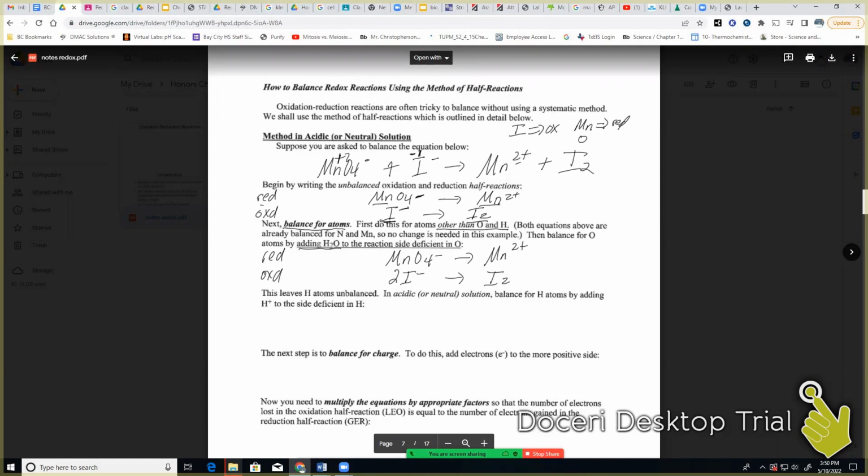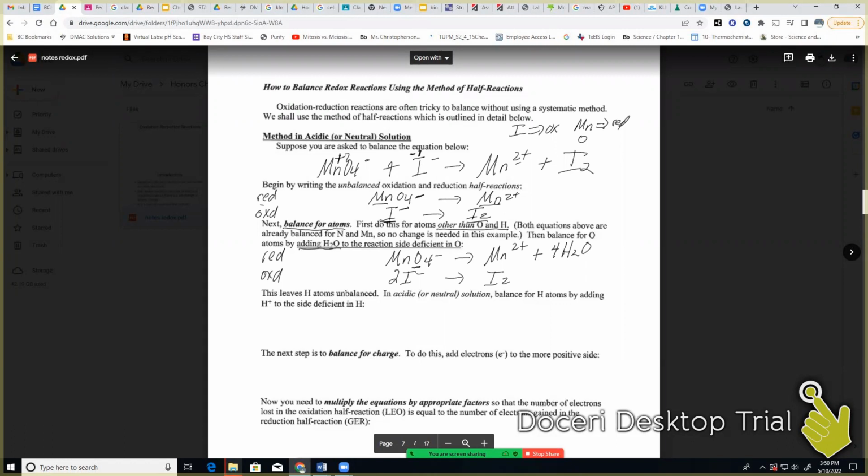If you look here, this reactant side has 4 oxygen, so I need to add 4 water molecules. That is how you're going to get the oxygen that you need.